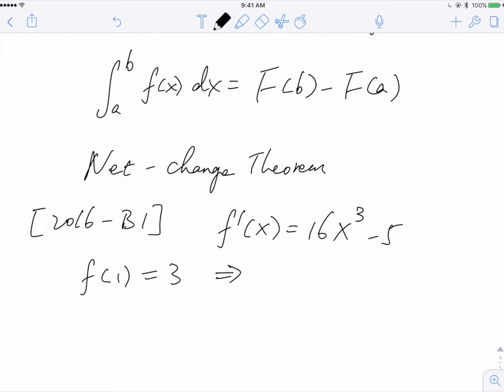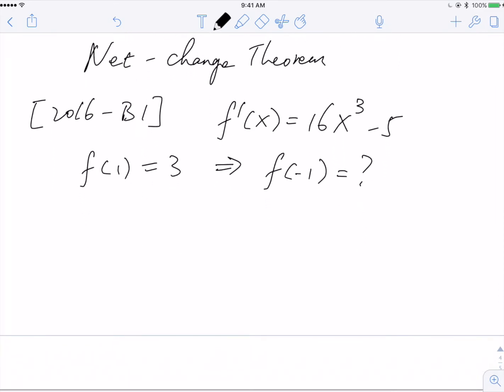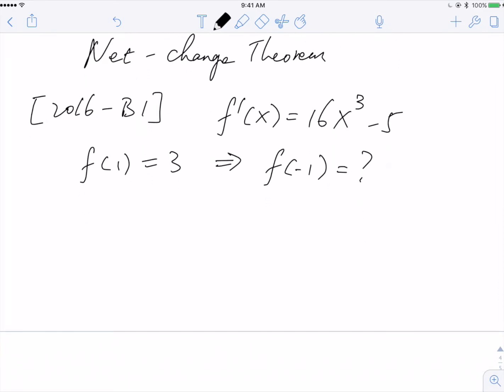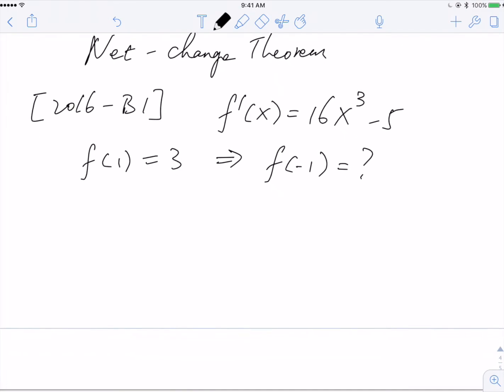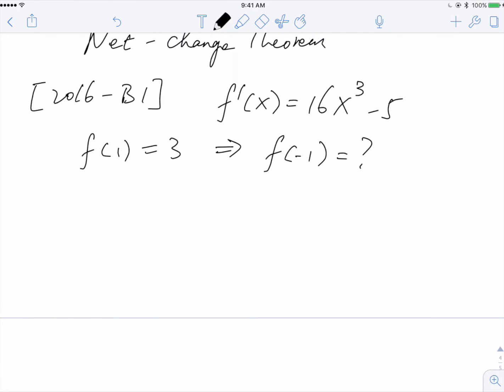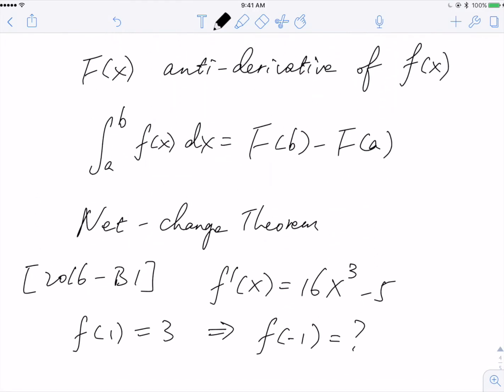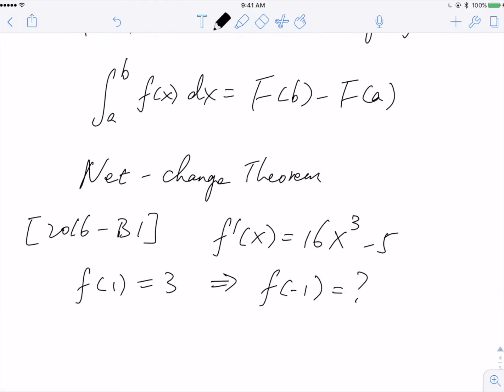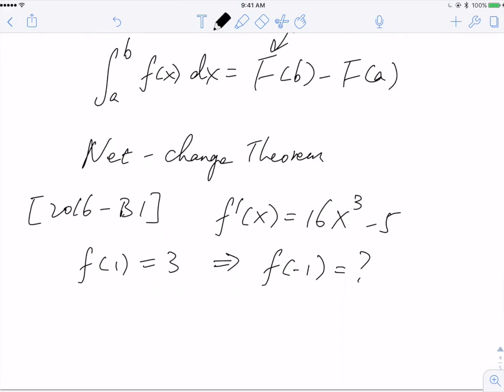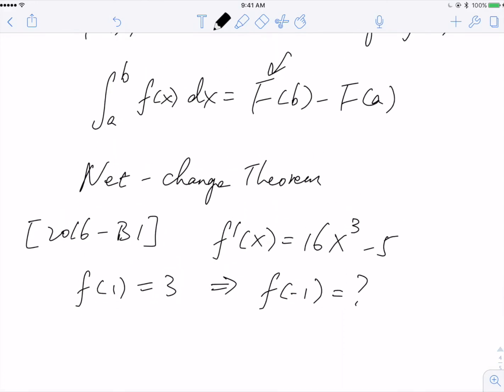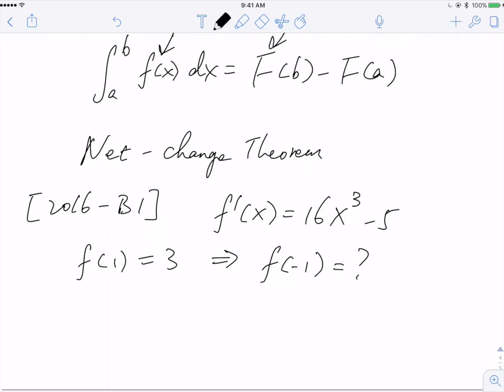So it's asking, what is f of negative 1 equal to? The main challenge of the second part of the fundamental theorem of calculus is how you construct the question. So we need to take a look at the original form. The big F in this one is actually the small f here, and the small f in this one is actually f prime here.